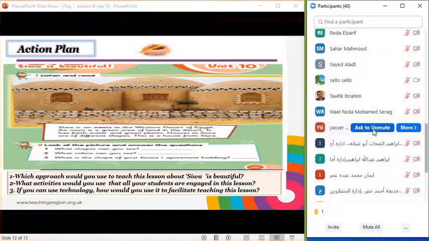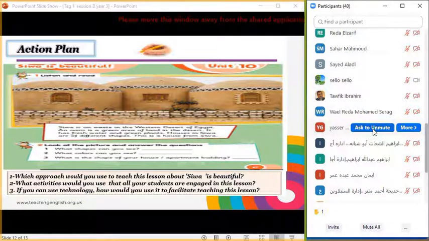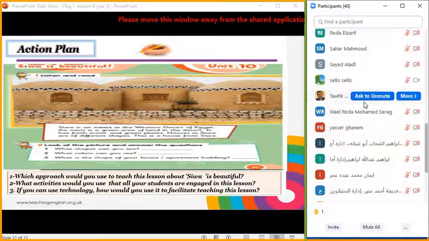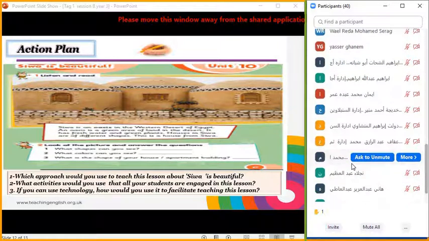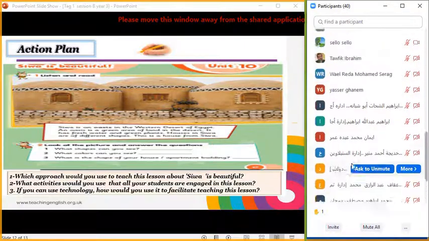And then ask about what they can hear. For example, what do you know about Siwa? Where is Siwa? Also using educational technologies such as Twitter, Facebook, or a video about Siwa. Okay, thank you, Miss Soha.